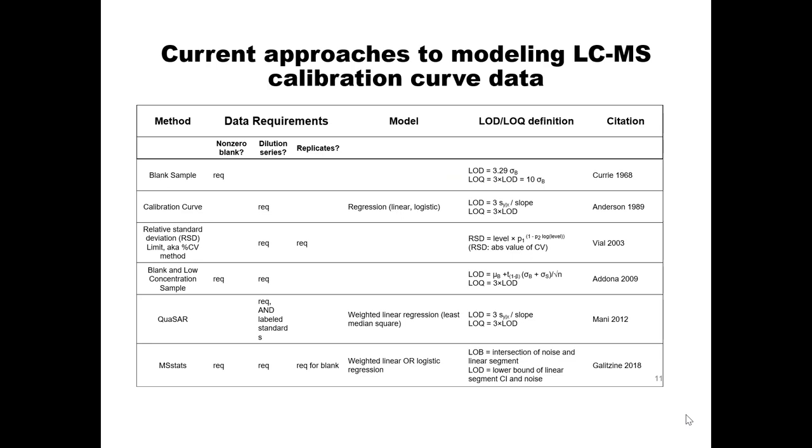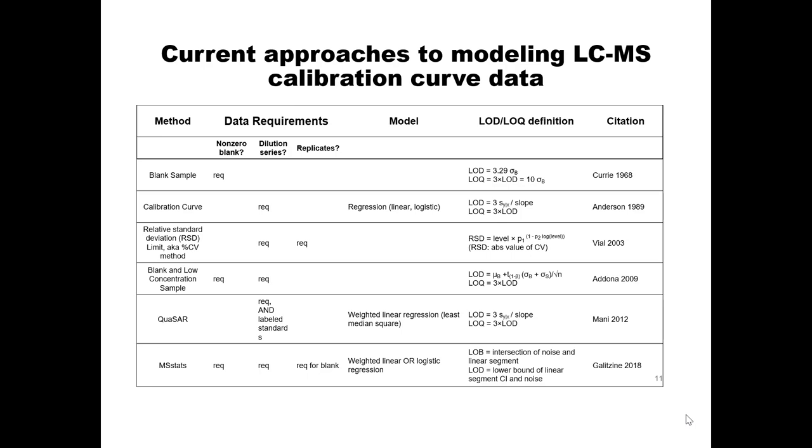So there's a lot of different ways you can analyze calibration curve data. This is a giant chart I have compiled for you. You don't have to look too closely because I'm going to walk through it a little bit. The different columns I have on the left are all the different methods I've been able to find in the literature for calculating LOD, LOQ.